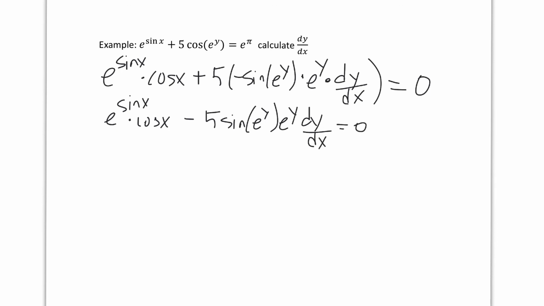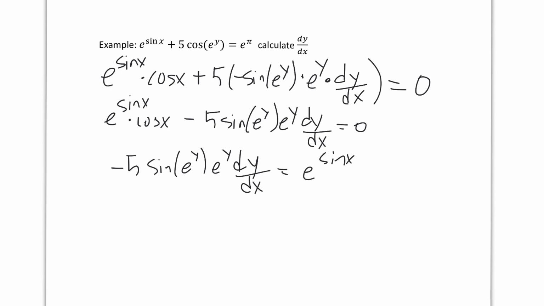So we'll move that e to the sine x times cos x to the right-hand side. Minus 5 sine e to the y dy/dx equals e to the sine x cos x, negative of course because we moved it to the other side. And then you divide both sides. In this case we didn't have to factor.